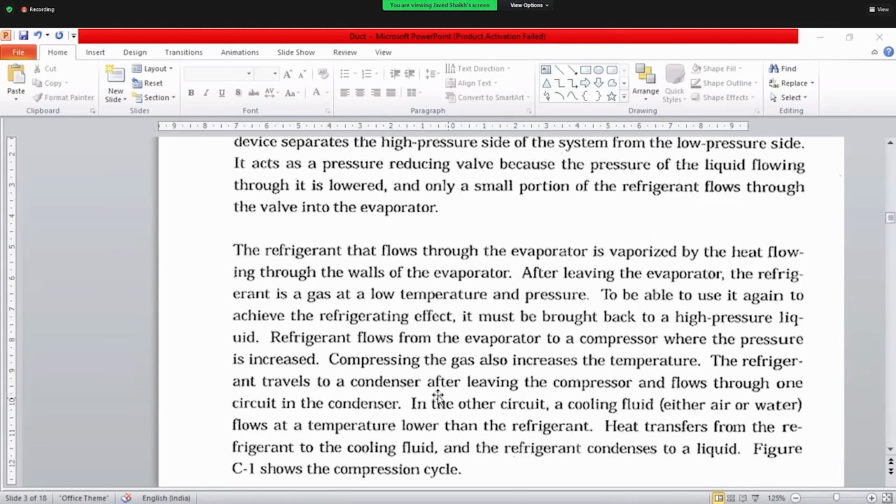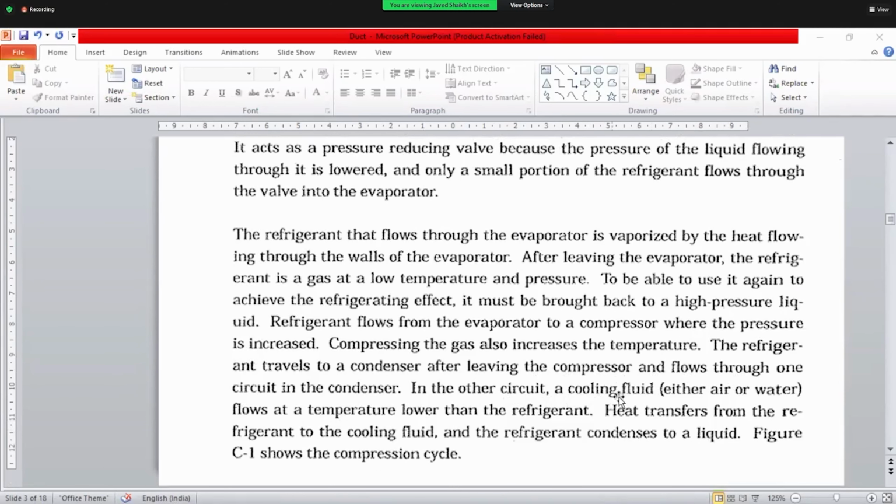Okay, so after leaving the compressor, the refrigerant flows through one circuit in the condenser, and in the other circuit the cooling fluid, either air or water. Here we are talking about the air cooled chiller with air, and the water cooled chiller with water, where the cooling fluid flows at a temperature lower than the refrigerant.